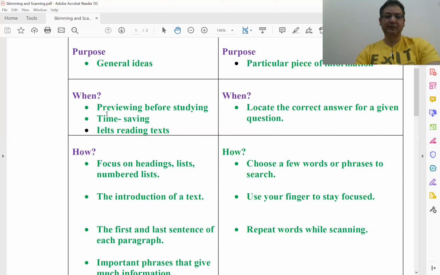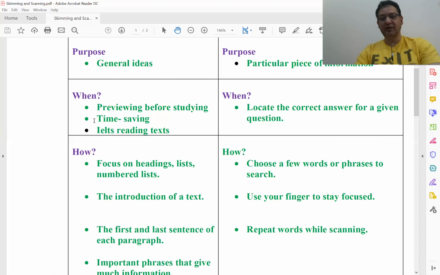For example, you are going to study a new course, and you want to know what the main elements of this course are, so you can skim the course before studying it. Also, skimming saves your time. For example, if you are going to take the IELTS test and you want to save your time, you don't have to read every word, because reading every word decreases your reading speed.